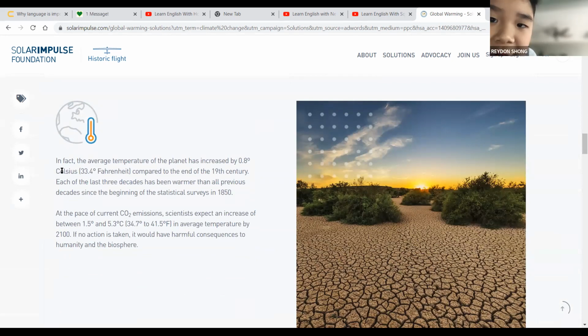In fact, the average temperature of the planet has increased by 0.8 degrees Celsius compared to the end of the 19th century.